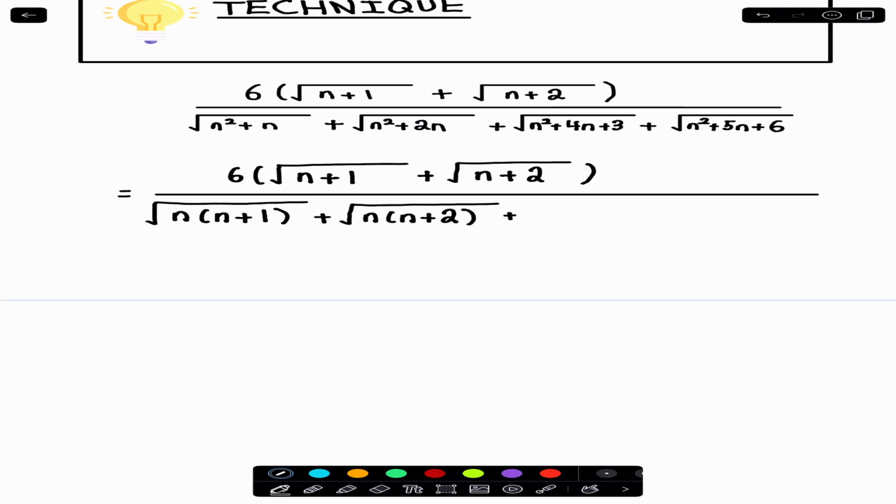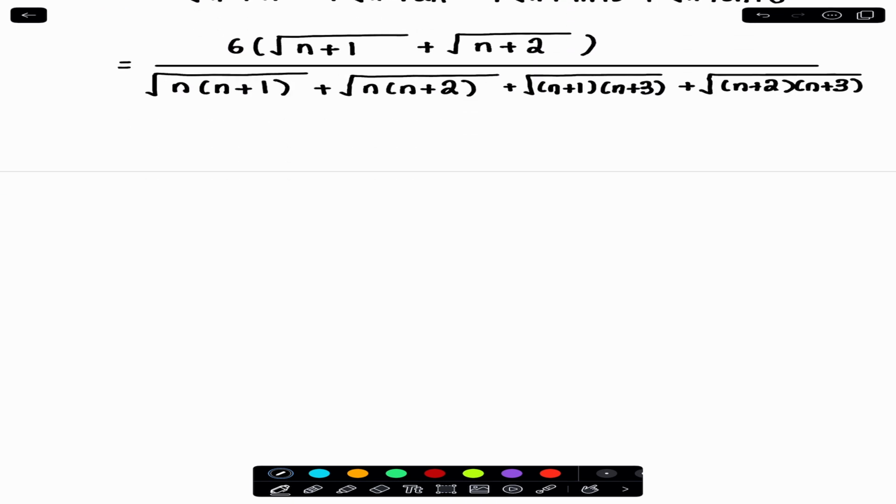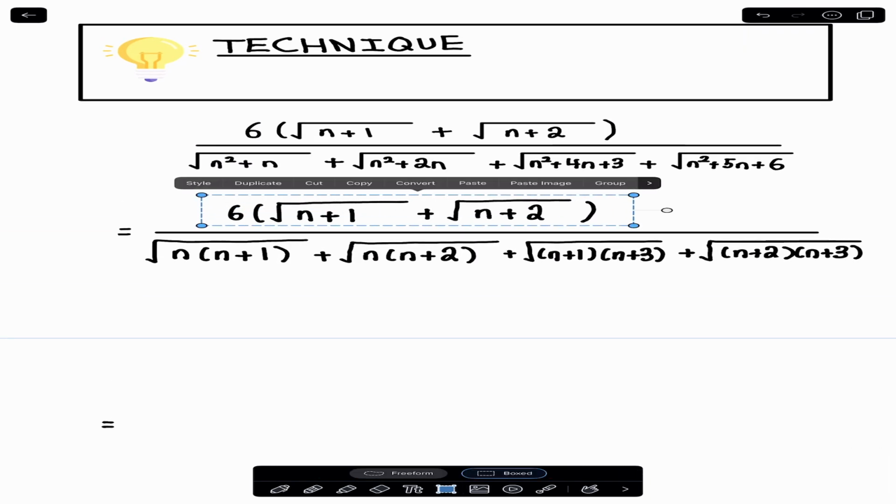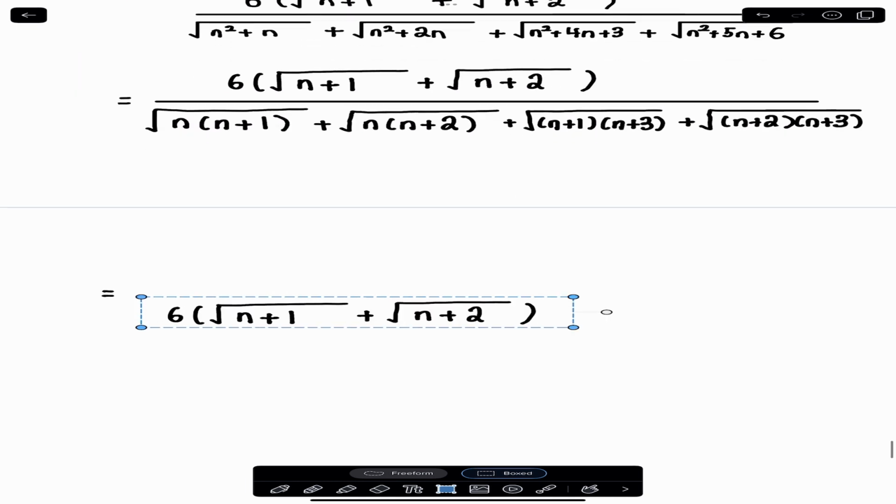So that inspires us to continue. This term factors as, once again, n plus 1 times n plus 3. And this last term can actually be factored as n plus 2. Again, n plus 2, we see it again, n times n plus 3. Okay. So I'm just going to be a little bit lazy here. Let's just pull this over.